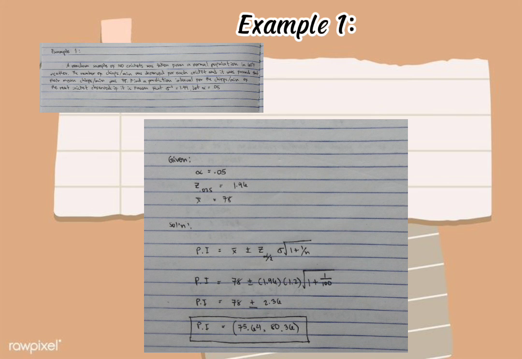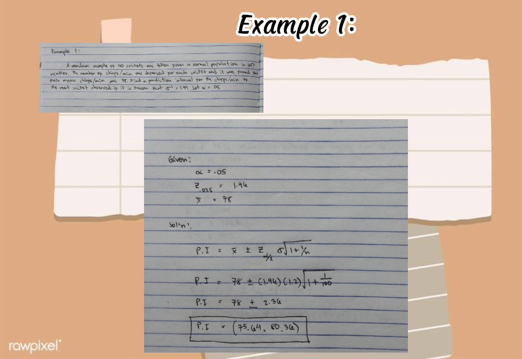So to solve the prediction interval, the formula we will use is sample mean plus or minus z alpha over 2 times sigma times square root of 1 plus 1 over sample size. So we just substitute the values: 78 plus or minus 1.96 times 1.2 times square root of 1 plus 1 over 100. The 100 is the sample size.